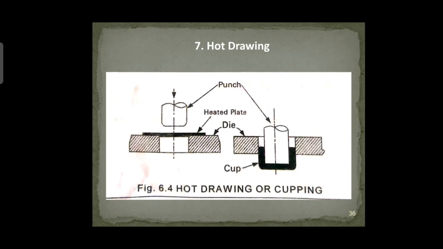This is the first diagram, explaining the hot drawing. This is a die, and at the center there is a hollow portion. On that we place a heated plate, the flat circular blank. This is the punch, in the direction we force it over the heated plate.